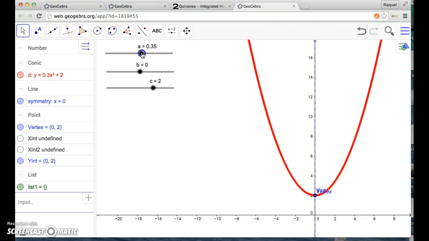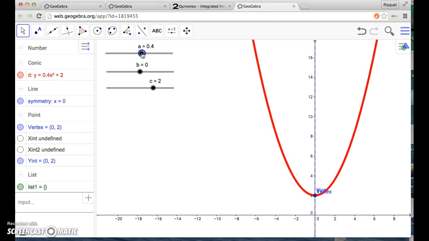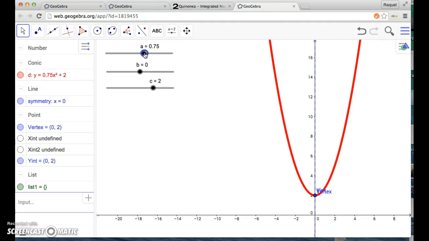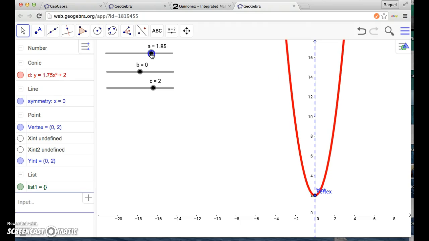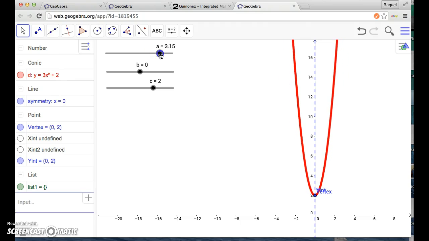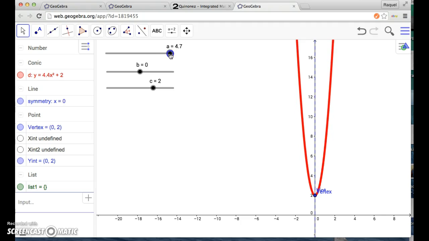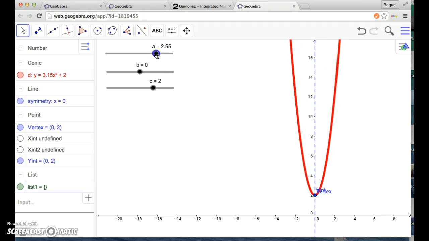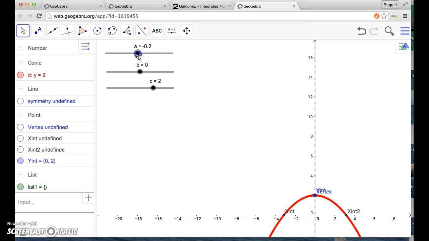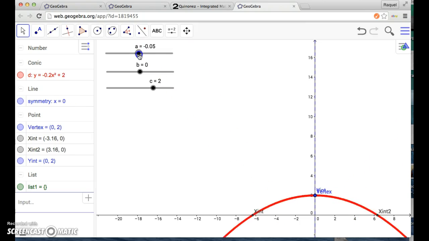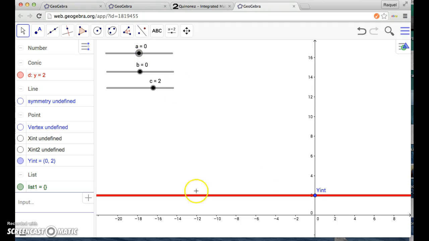And as you increase the strength, imagine your arms are here and here. You're bending and bending. As this number gets bigger, you can bend it tighter and tighter. That's one way to think about it. I think it's pretty cool to think about it that way. And then if you bend it negative, then you're bending it backwards. And if there is no bend, it's a straight line. There is no x squared.